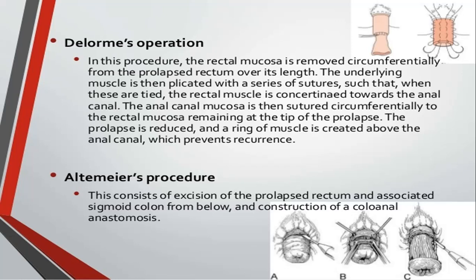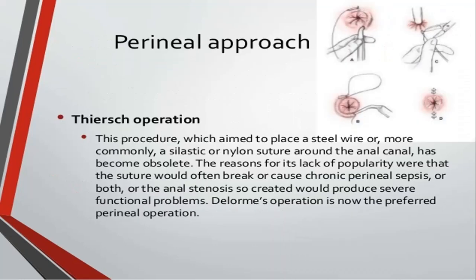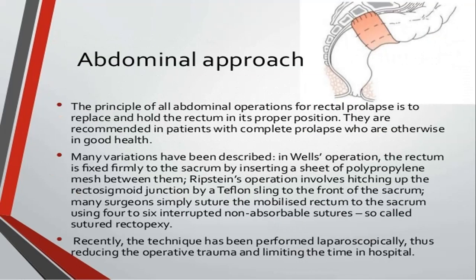With the whole prolapse of the rectum and the associated part of the sigmoid, we have to excise it and then construct the colo-anal anastomosis with the remaining part of the sigmoid. So the perineal approaches are three operations: Thiersch operation, Delorme's, and Altemeier's procedure.